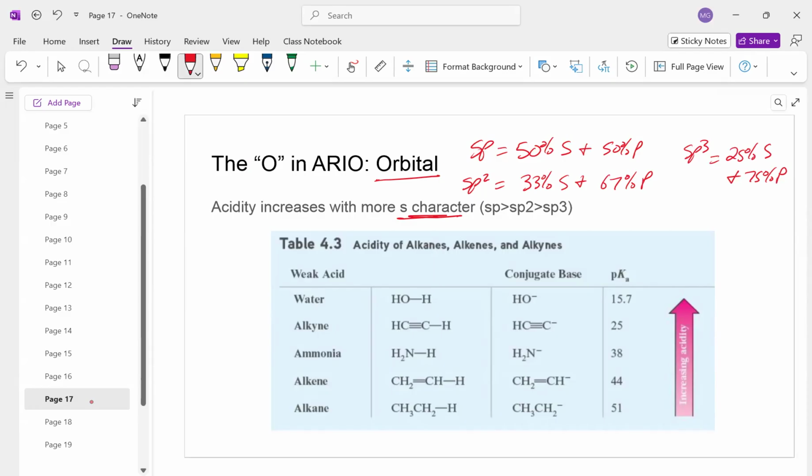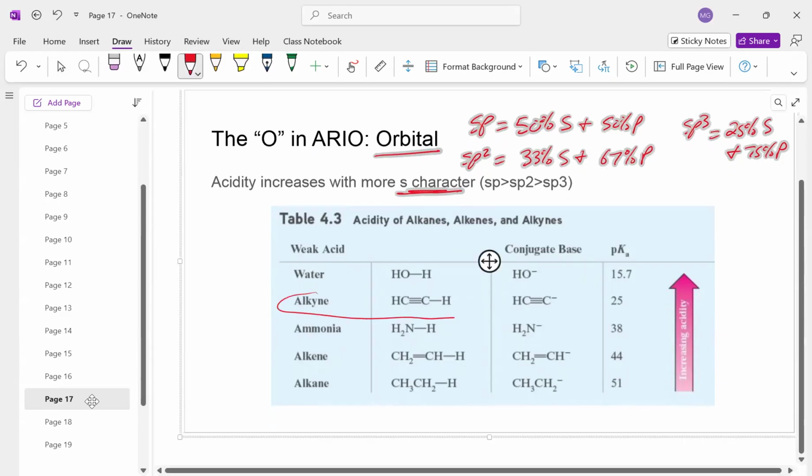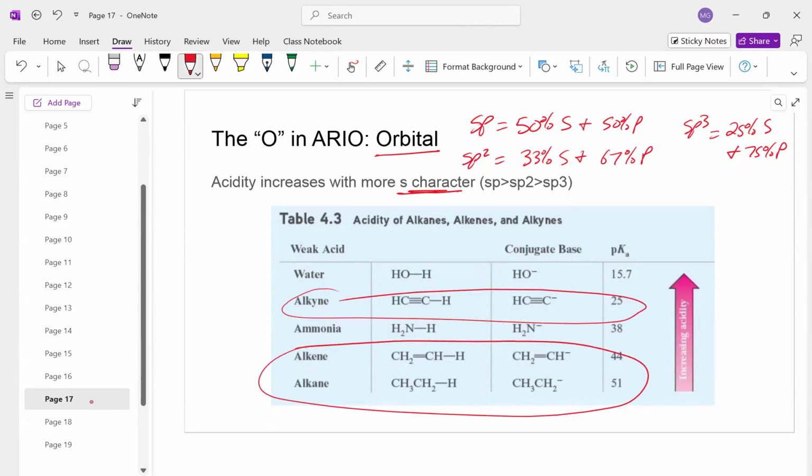So I want you to look at the comparison here between an sp hybridized carbon, an sp2, and an sp3 hybridized carbon. When that charge is on an sp hybridized atom, it's more acidic than if it were on an sp2 or sp3.